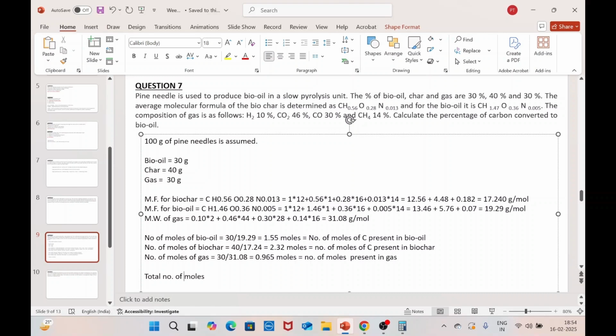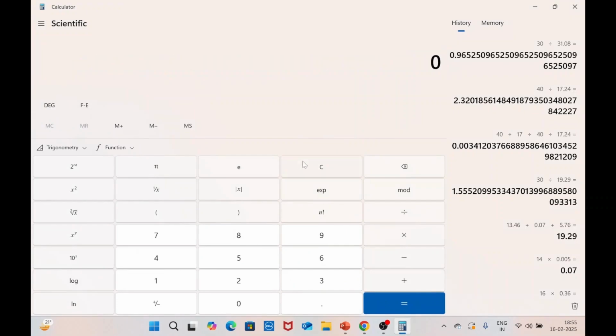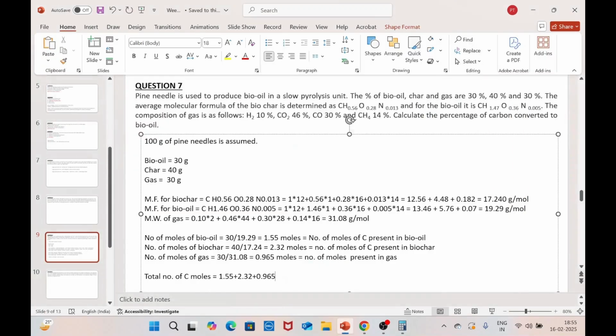So the total carbon moles will be nothing but 1.55 plus 2.32 plus 0.965. How much would that be? 1.55 plus 0.965 plus 2.32, that is 4.835 total moles.